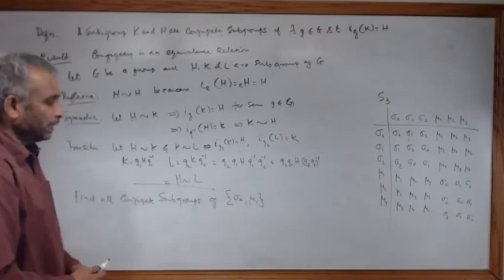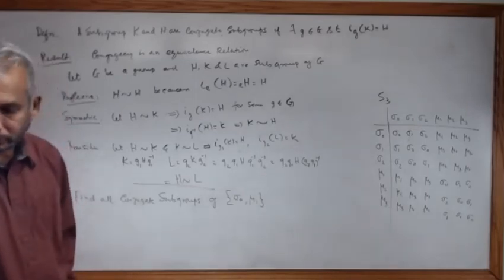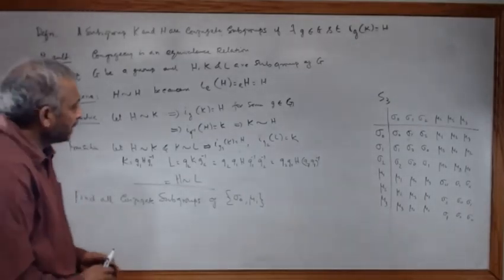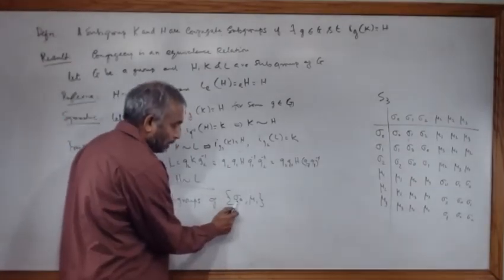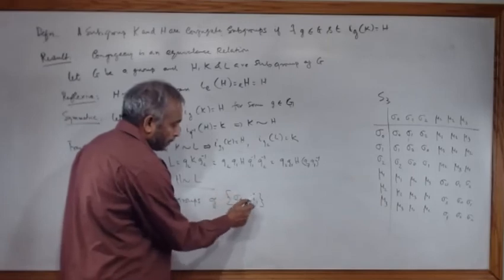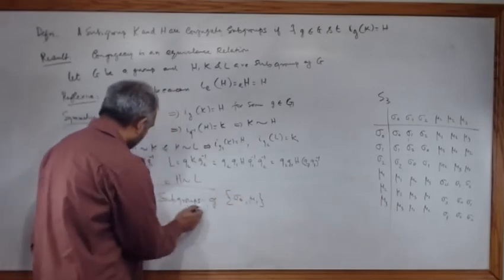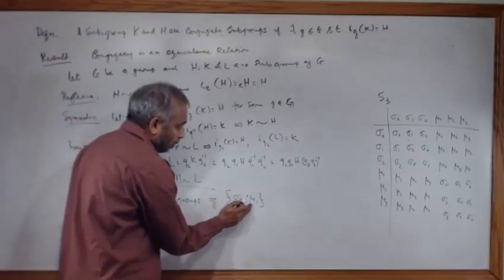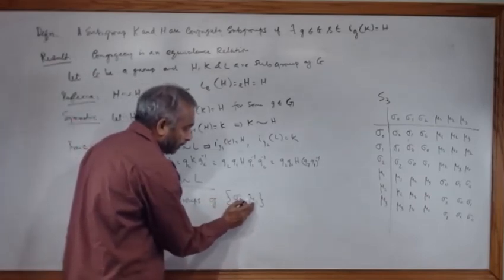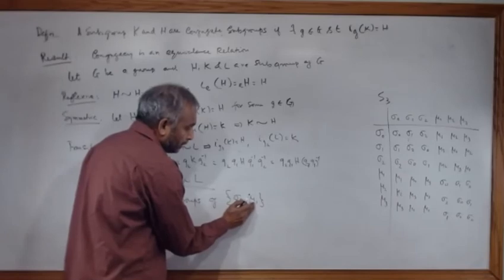So how do you do that? See, we can ignore this σ0 because that is going to come in all the subgroups conjugate to this. So we need to find out the conjugates of μ1.